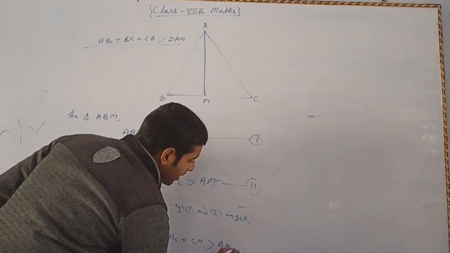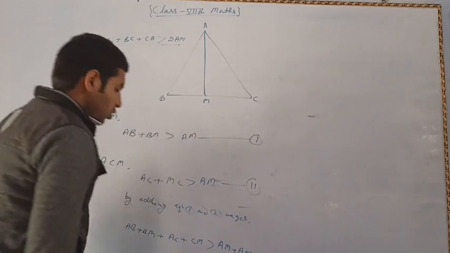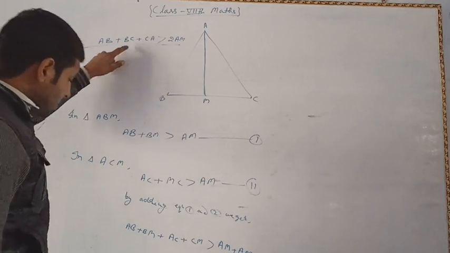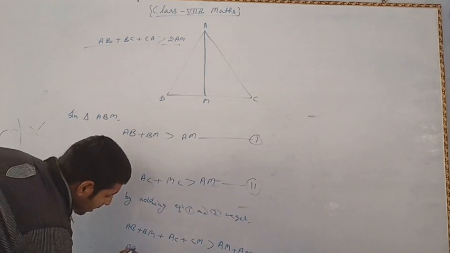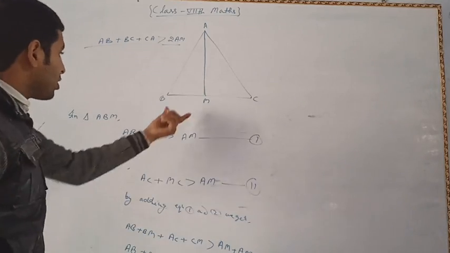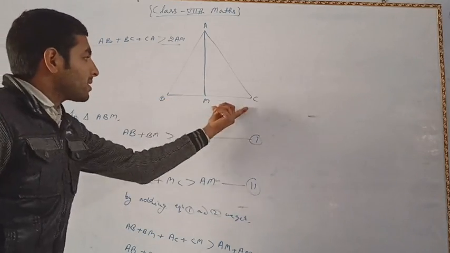So from here we find that AB plus BC, here BC is equal to BM plus CM.